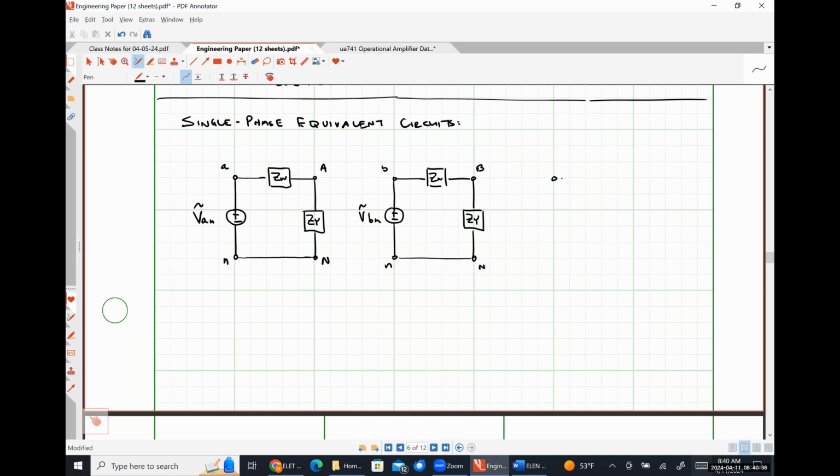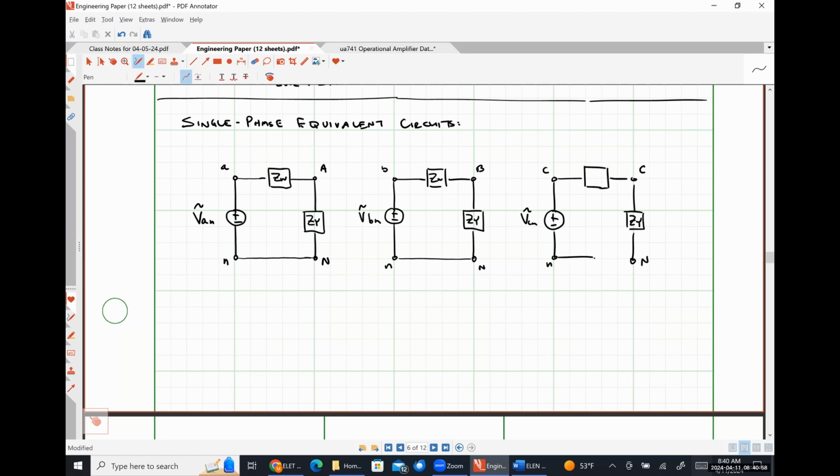And lastly, over here, we'll do our C phase. Like so. So these are our single phase equivalent circuits.